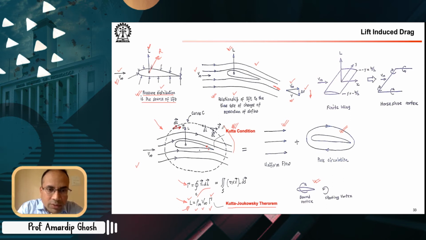So whenever you have a non-zero circulation in a bounding curve like this, it means that inside there is some vorticity going on, and that is, if you remember this formula, circulation is a line integral of velocity dot dl, and it is equal to the surface integral of the vorticity dot ds.